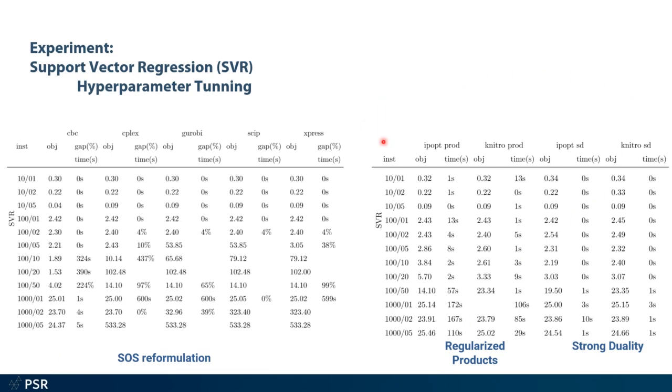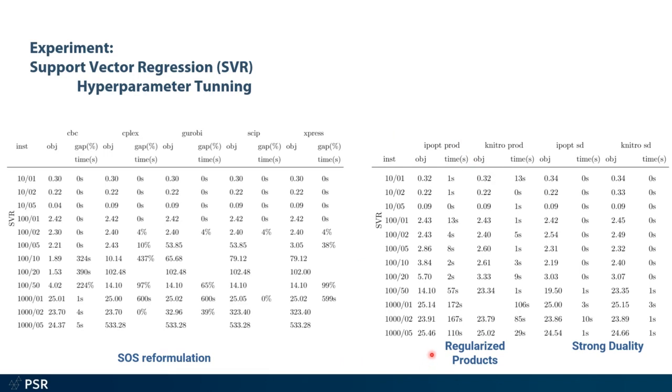In this other table next to it, we show the solution of the same program by IPOpt and Knitro, both using 2 kinds of formulations, the regularized product reformulation and the strong duality reformulation. As we can see, for the nonlinear solvers, we never see gaps because they do not provide optimality gaps, just the local solutions.